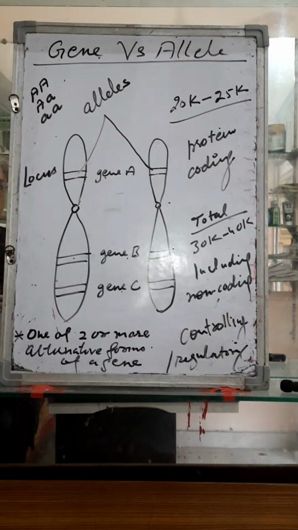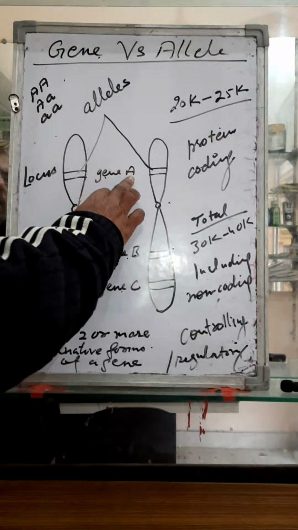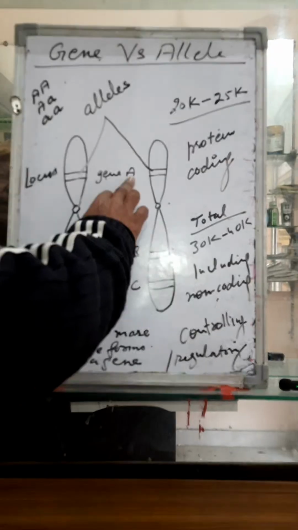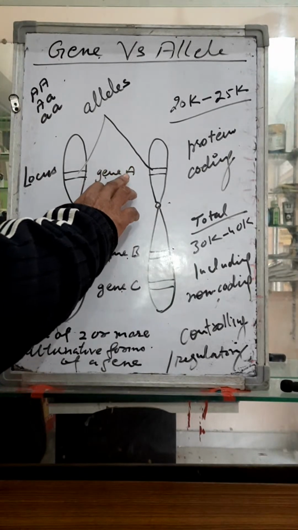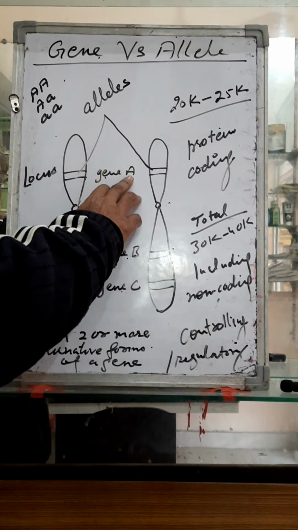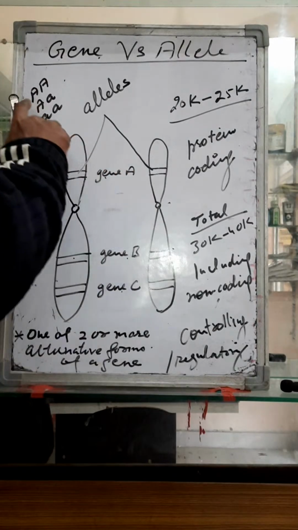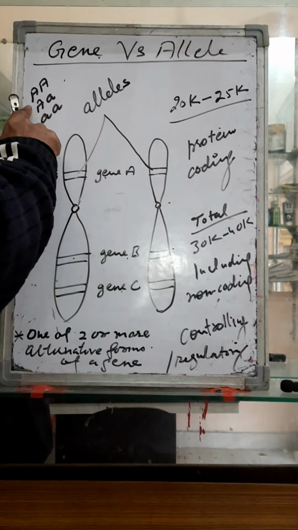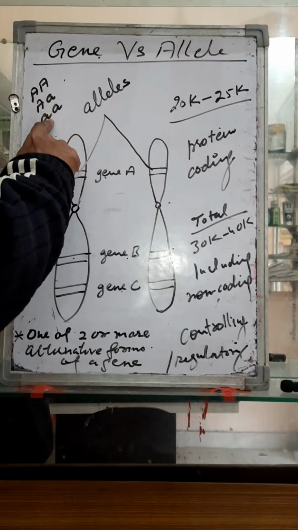For example, one of the alleles may be dominant and the other recessive, or both may be dominant, or both may be recessive. In this case, for example gene A, the dominant allele is expressed as a capital letter and the recessive one as a small letter.